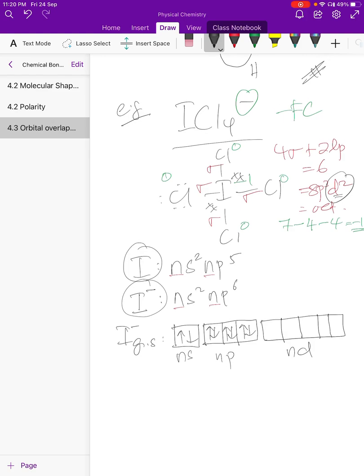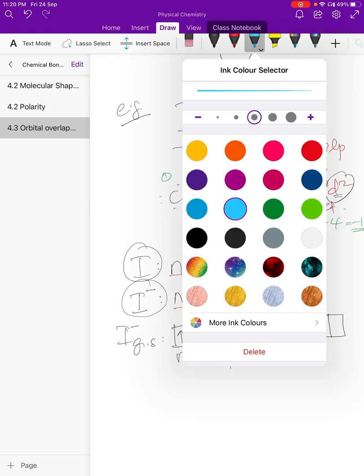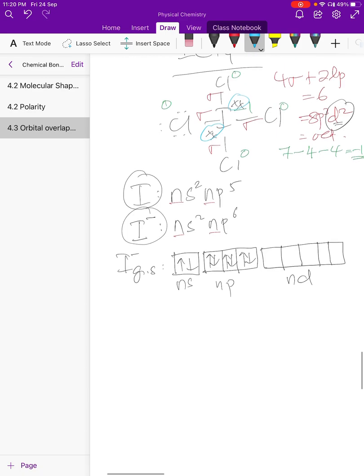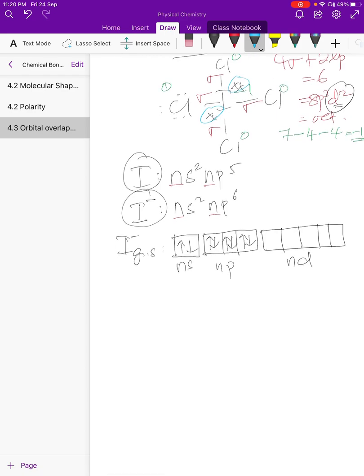So definitely we need to excite. But we can also check here, the central atom has two lone pairs. So when we excite the electrons, these two we leave out. We cannot excite them because we have two lone pairs over here.